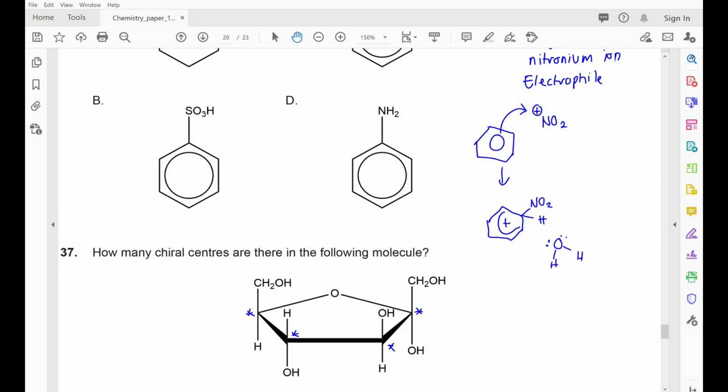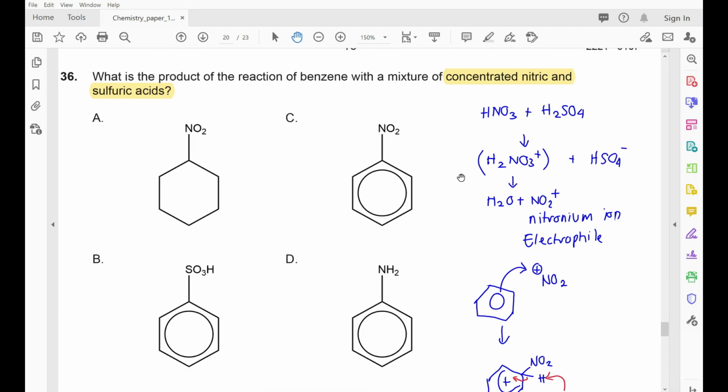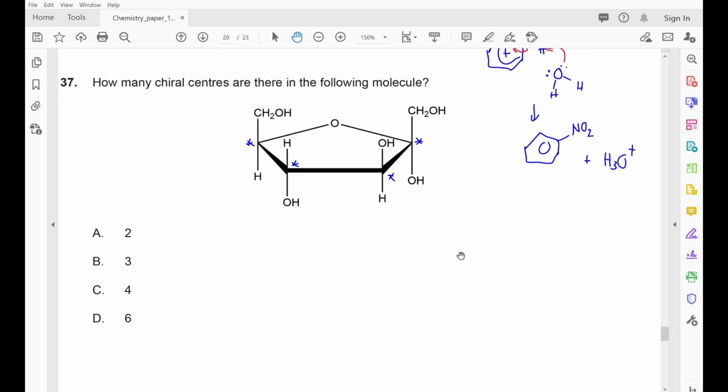And then the lone pair of oxygen of water will attack this hydrogen, and the carbon-hydrogen bond breaks off to re-establish the delocalization of electron on benzene ring. Answer is C. Question 37.